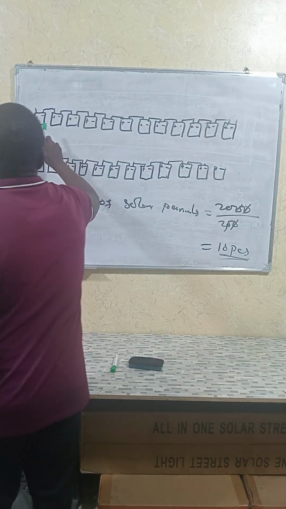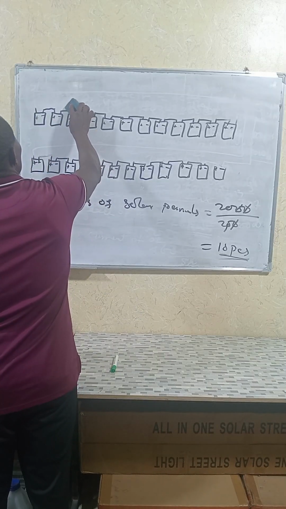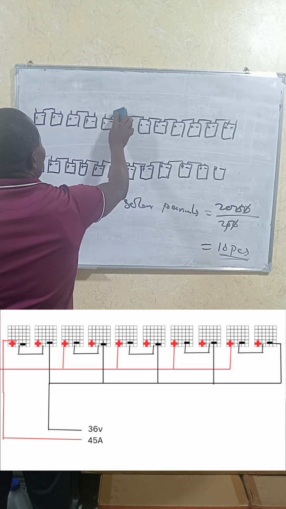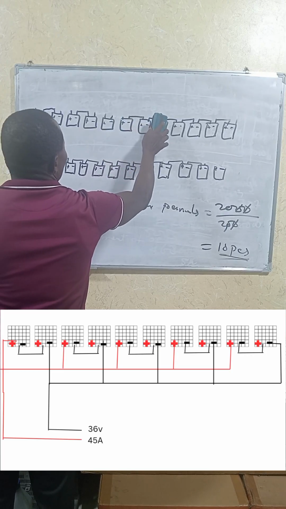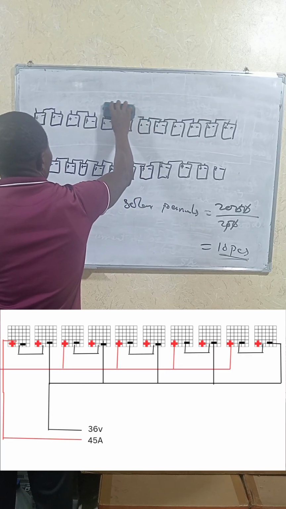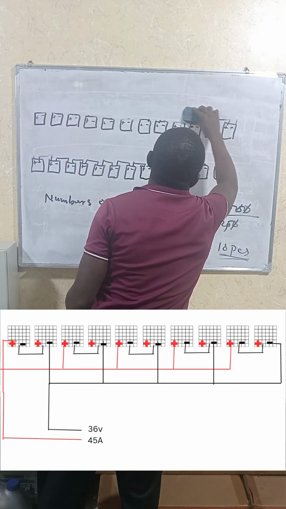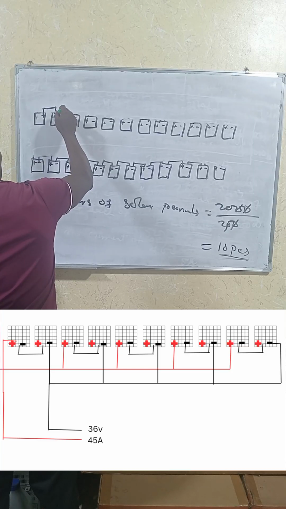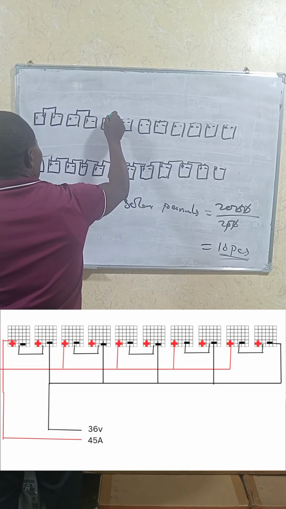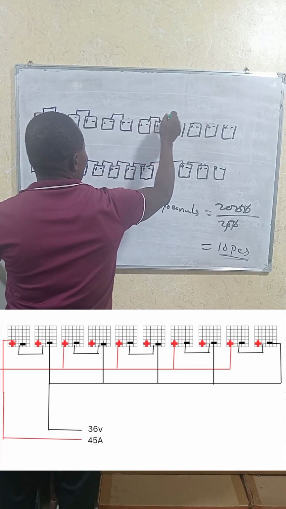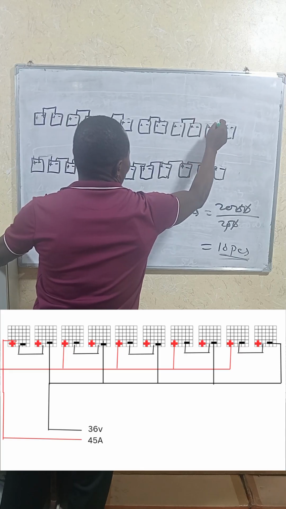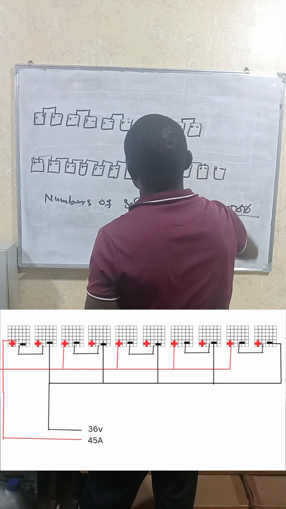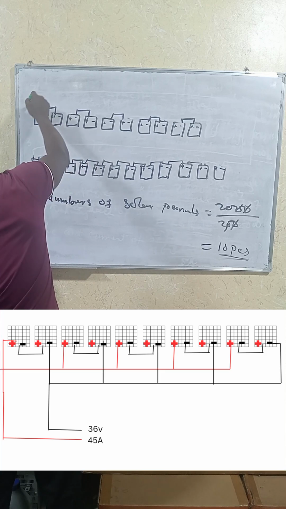So if each of these is 18 volts and we are connecting it to the 24 volt system, that means this system has to be rearranged.